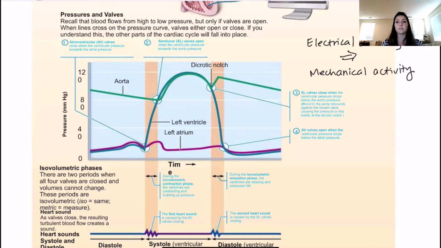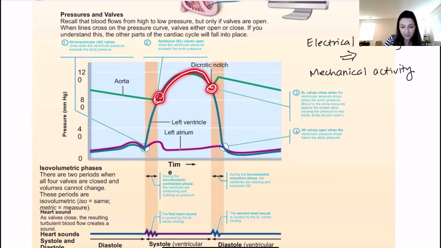What I want you to notice about this graph before we dive into it is that each time a valve opens, which is noted here, we get a big change in pressure. Valve opens, look at the ventricles, big change in pressure.